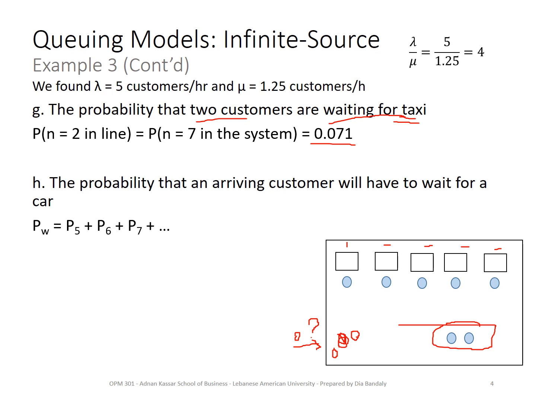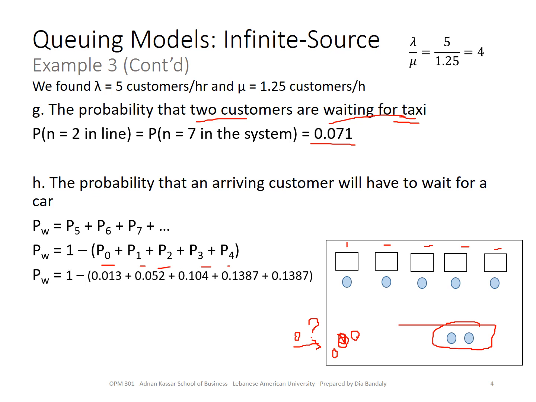So to do a more concise calculation, I'm going to find the complement of these, which is 1 minus the probability of the other cases, which is 0, 1, 2, 3, and 4. So I need to find these. I'm not showing you how to do it because you should be familiar now how to do that.